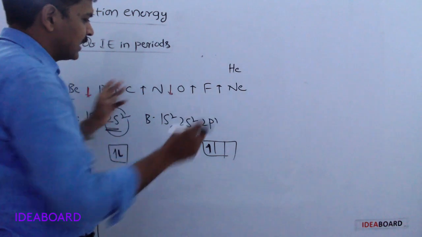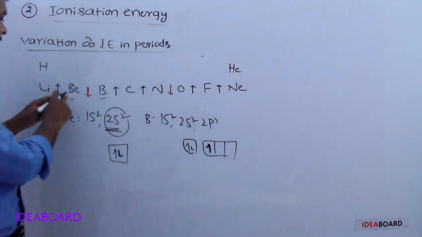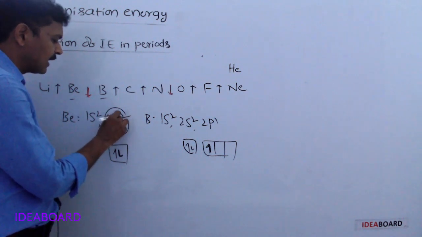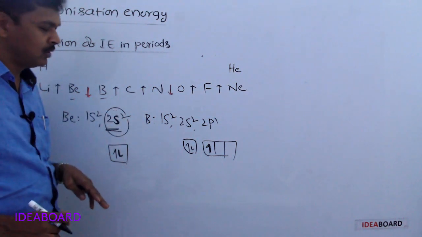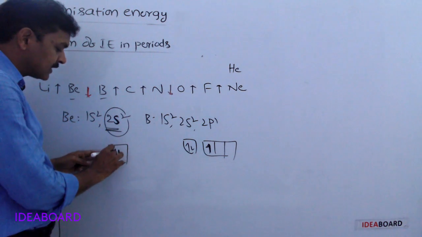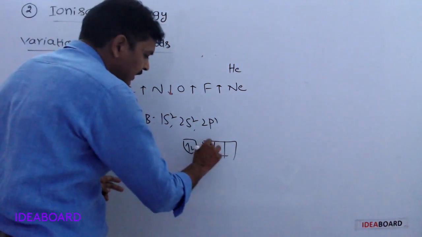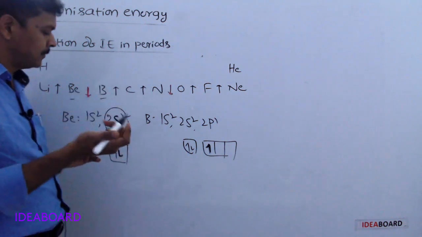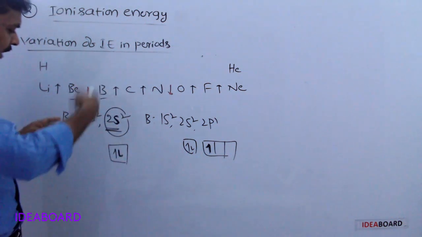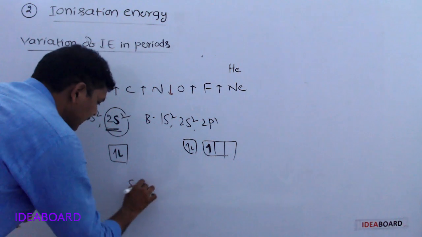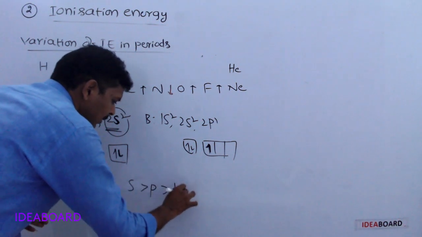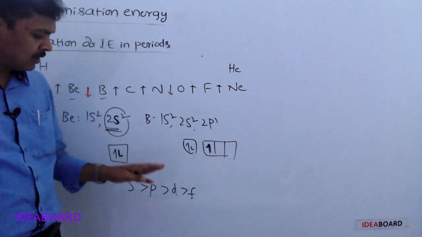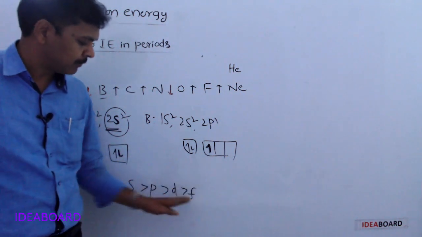In general, left to right IP increases, but beryllium to boron decreases. That is due to the stable electronic configuration of beryllium: in 2s2, the s subshell is completely filled, but in boron only one electron is present in the p subshell. And one more reason, as already explained, is the penetrating power of various orbitals: s greater than p greater than d greater than f.